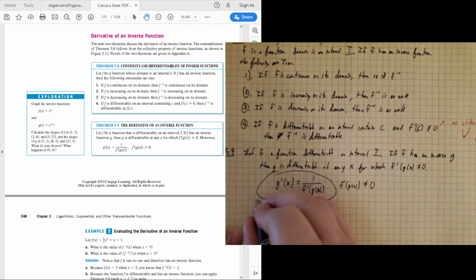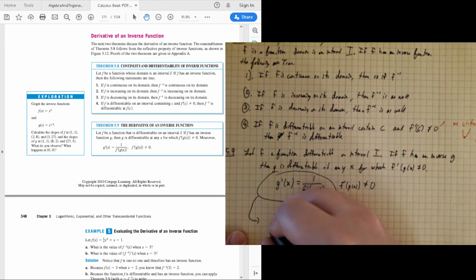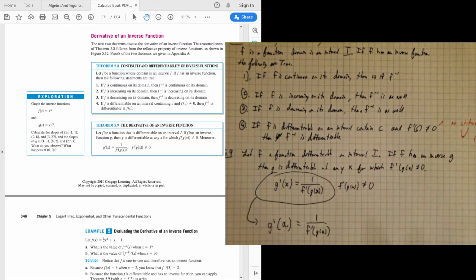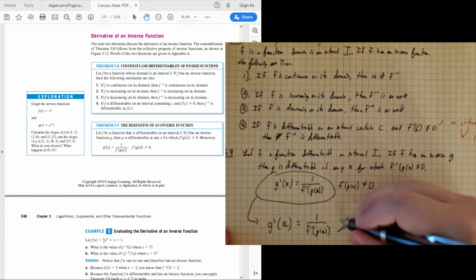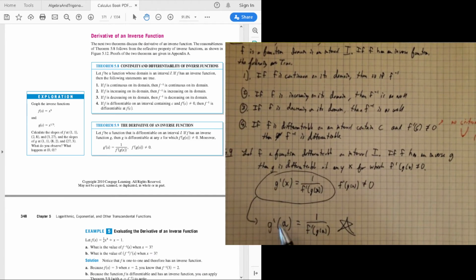And there's an important consequence to Theorem 5.9 that needs to be stated even further. g prime at a value is equal to 1 over f prime of g at that value. This right here is a big detail, because this means I can avoid finding g prime if I can find g and f prime, which are usually easier.